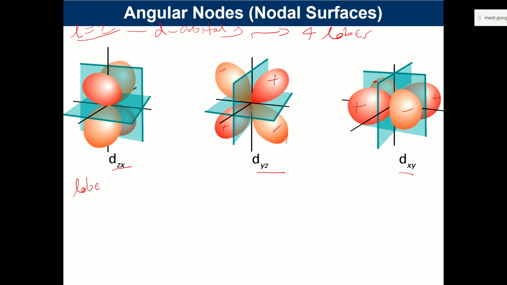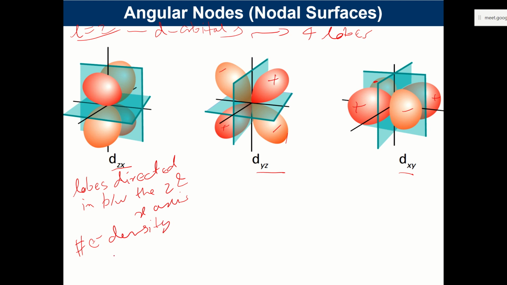The lobes are directed in between the z and x axis. dyz, this is again electron density, the lobes in between z and x. dyz में क्या है?